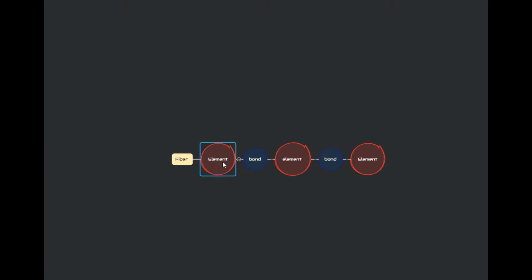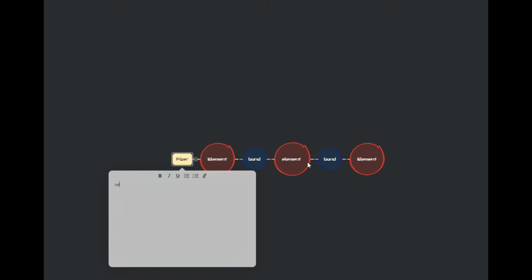So it's a vertical stack, a fiber vertical stack. So it's energy or pressure.